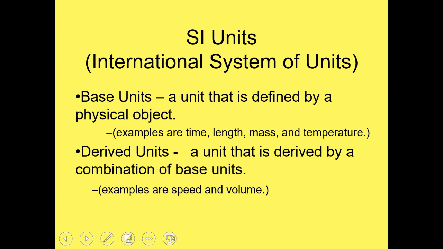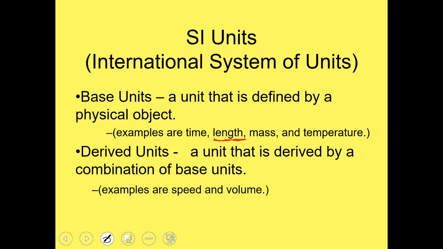In the International System of Units, you have some base units where there's an actual physical object, for example, like length. In France, where they have this International System of Units sort of headquartered, they have a platinum iridium rod that is exactly 1 meter long, and that kind of standardized what a meter is for everybody around the world.